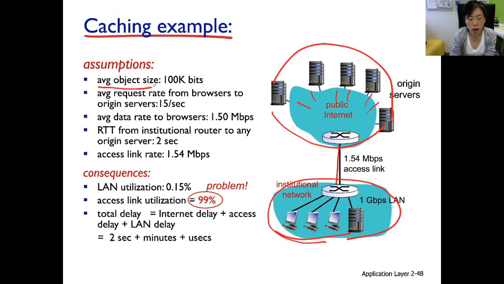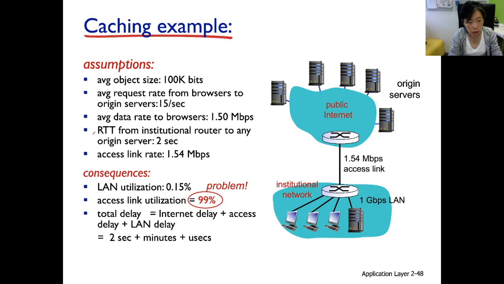The average object size being 100 kilobits, and the average request rate being 15 objects per second. Multiply the two, you get the average bit rate coming down this way, and that is 1.5 megabits per second.